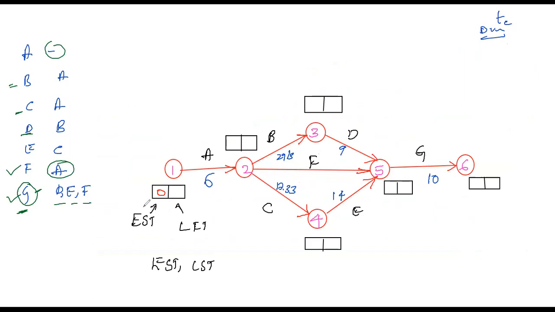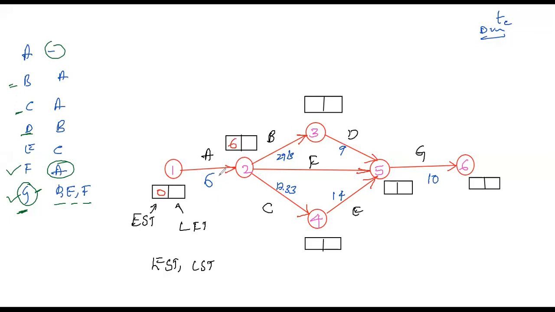Now we can complete the EST. You know the formula. To calculate the EST of the next activity, we need to add the previous EST plus duration. 0 plus 6, you will get 6. Right?